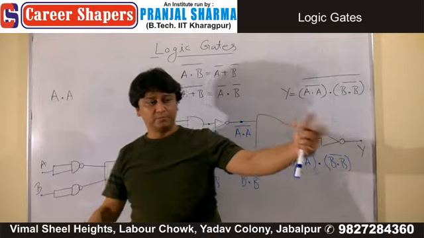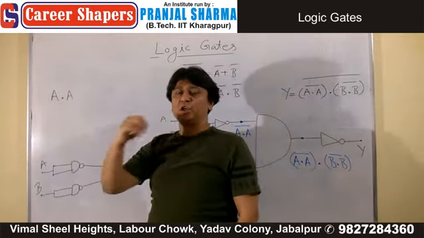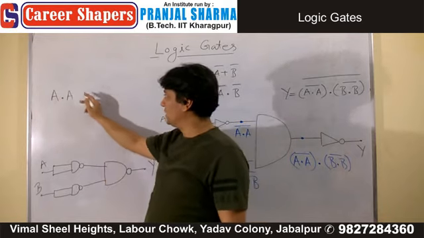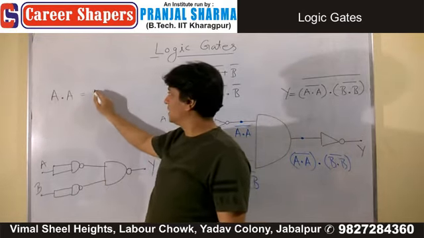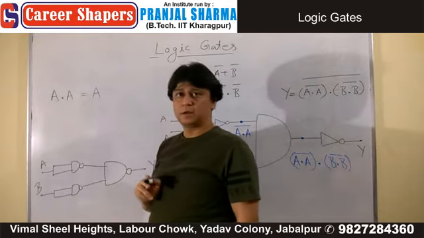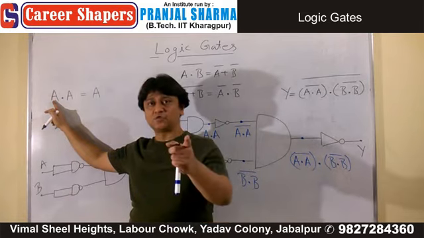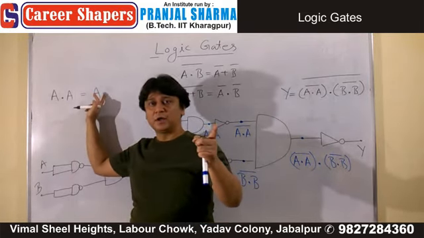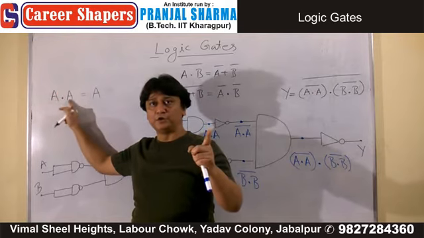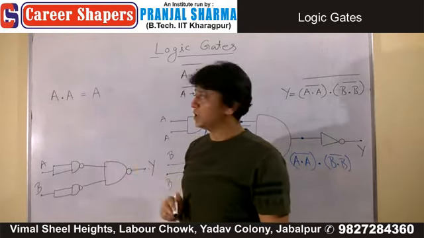And since time is already up, I'm giving you these things fast. If you need to verify, you can do that. What is A dot A? A. How come? If A is 1, 1 into 1 is 1. If A is 0, 0 into 0 is 0. So A dot A will give you what? A only.